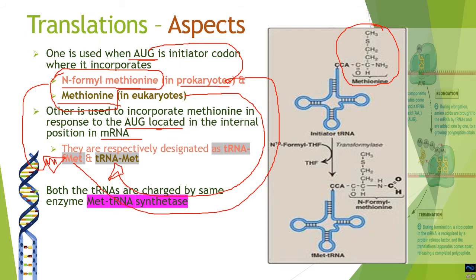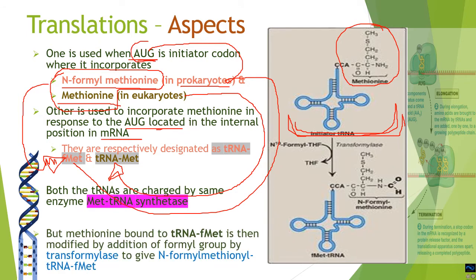Then in prokaryotes, since it has to distinguish between the AUG start codon and the internal AUG codon, there is a secondary modification to the methionine residue on the initiator tRNA which decodes the initiator AUG. The transformylase enzyme formylates the methionine attached to this initiator tRNA to form N-formyl methionine.